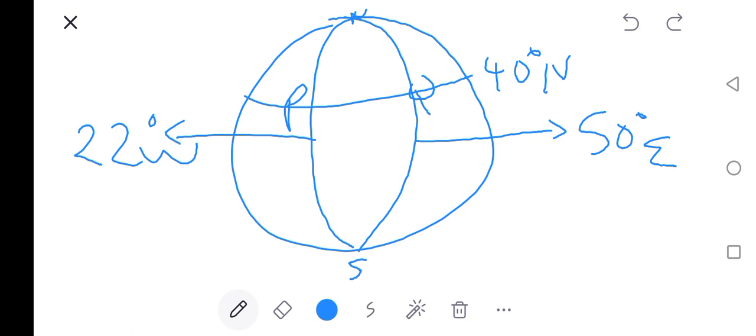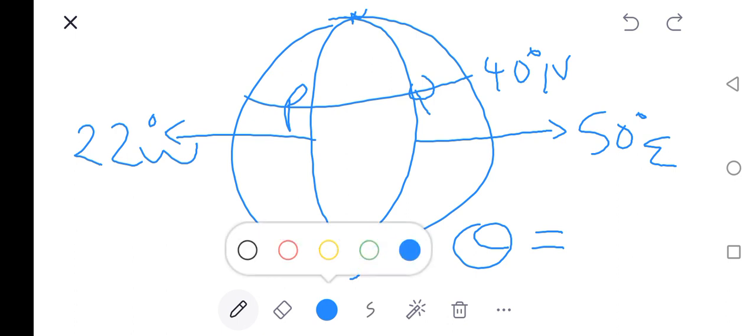Yes, so theta is equal to, can you check, are they the same? The idea here is they always say whether it is the angle difference in longitude or latitude. This question has said find the angle difference in longitude, which means you have to get the angles in longitude.